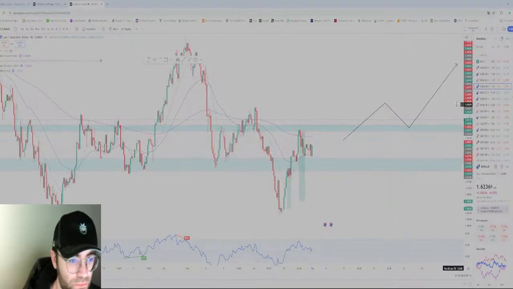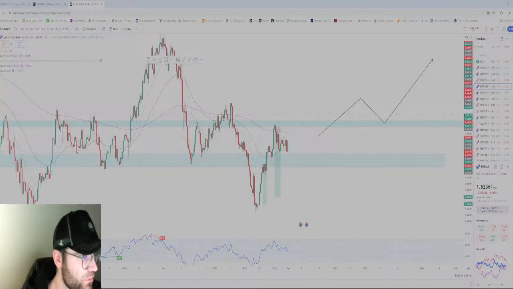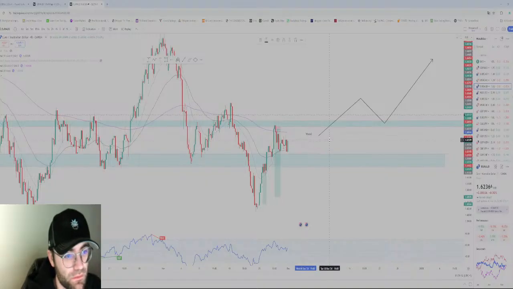That looks nice. Yeah, alright. So let's just make a notation. Weekly is bullish. Daily is bearish. 4 hour is bullish.